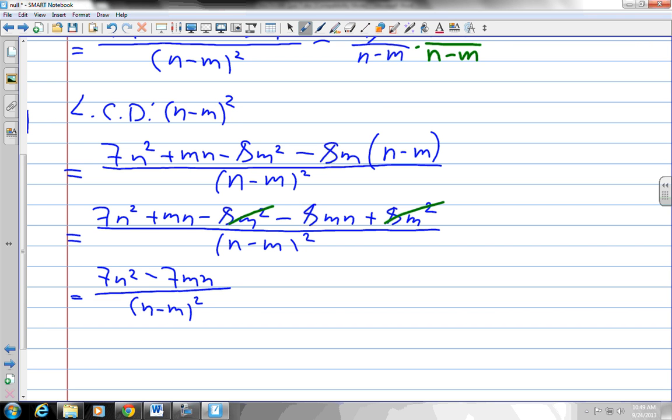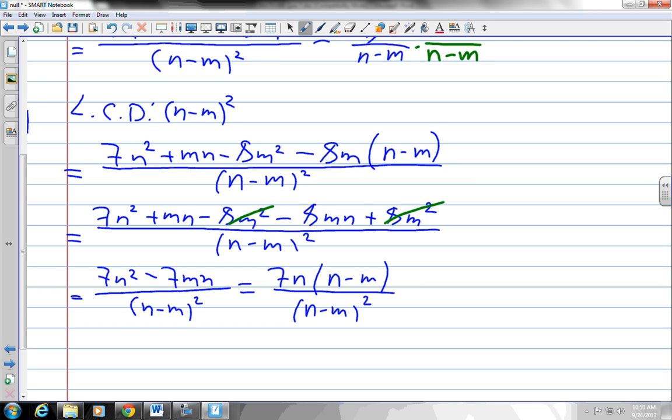So we combined the numerator, and we collected all like terms. At this point, we want to try to factor and reduce. Is there anything I can factor in that numerator? 7n. If I take out 7n, it leaves me with n minus m over n minus m squared.